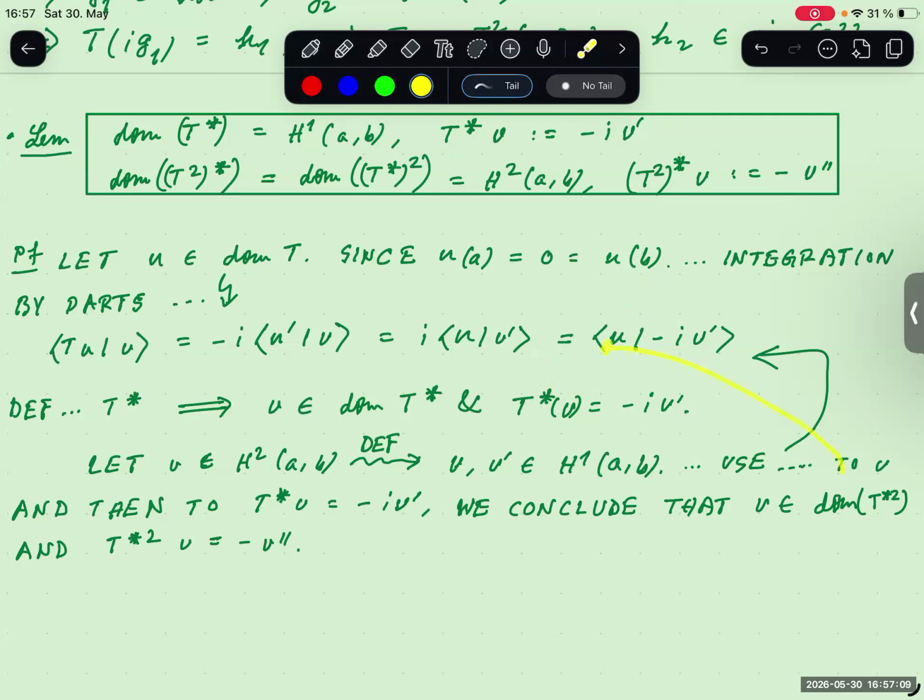We apply this result to V once, then apply T star to T star V, which gives T star squared V, and that's precisely the domain. And then you also get this expression.